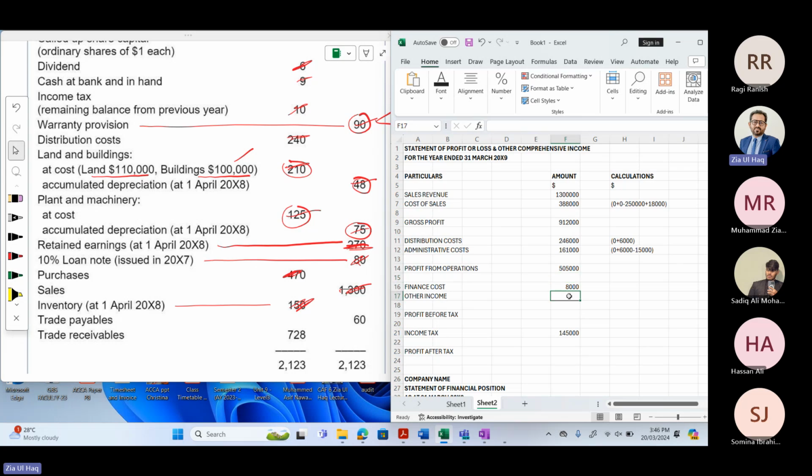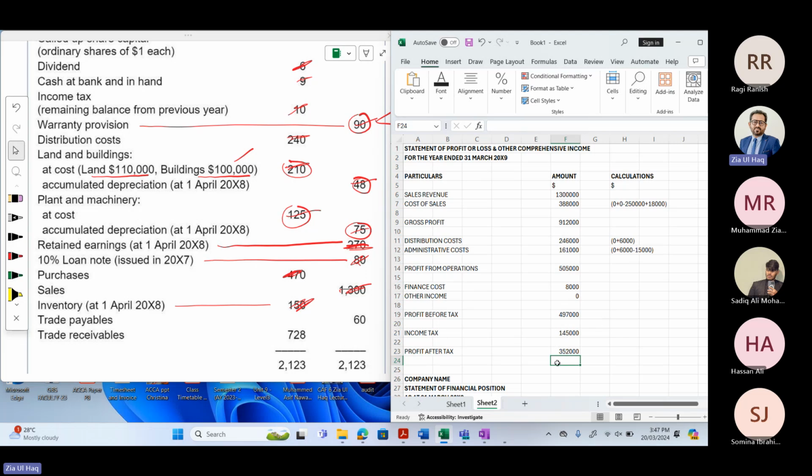There is no other comprehensive income. So profit before tax, we can calculate how? Equal to sign, profit from operations minus this, enter. And then profit for the year, equal to sign, this minus this, enter. We have calculated 352,000 profit for the year.